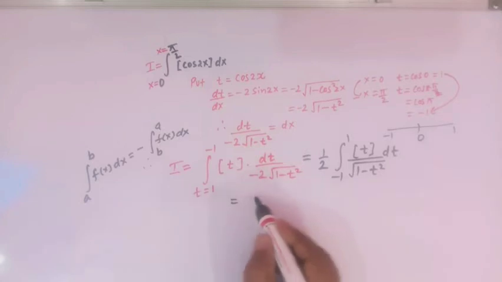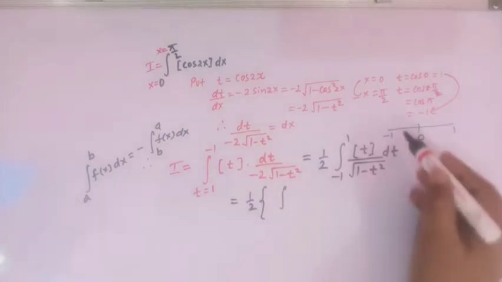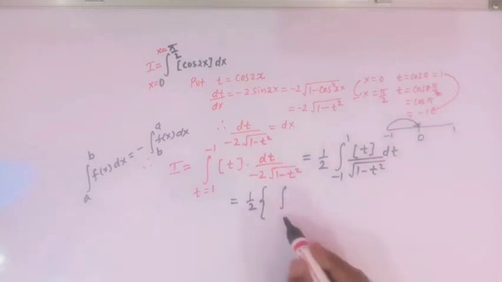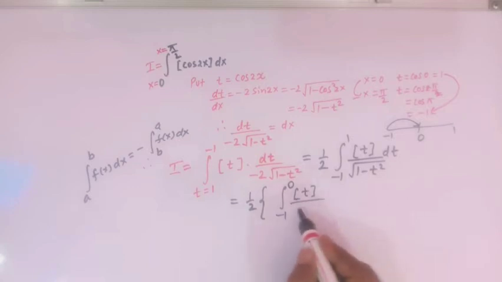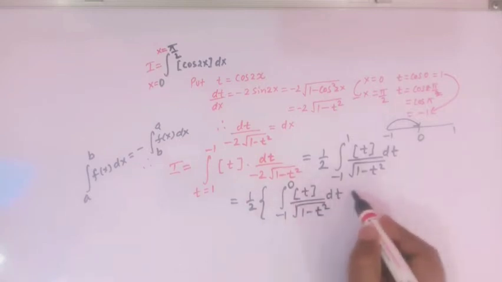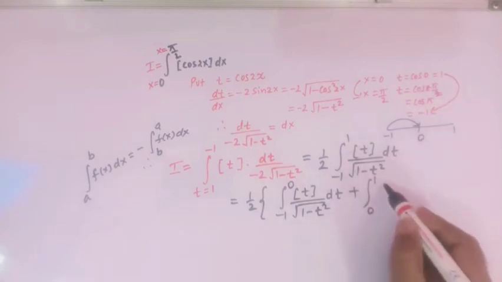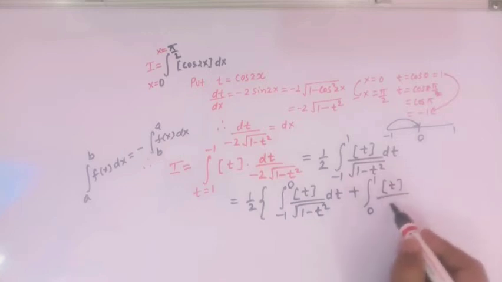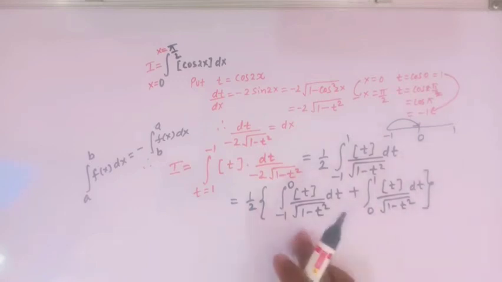So we can write half, the first integral is from minus 1 to 0, where we have greatest integer t divided by square root of 1 minus t square dt, and the second integral is from 0 to 1. Now we have these two integrals, and we have to evaluate them.